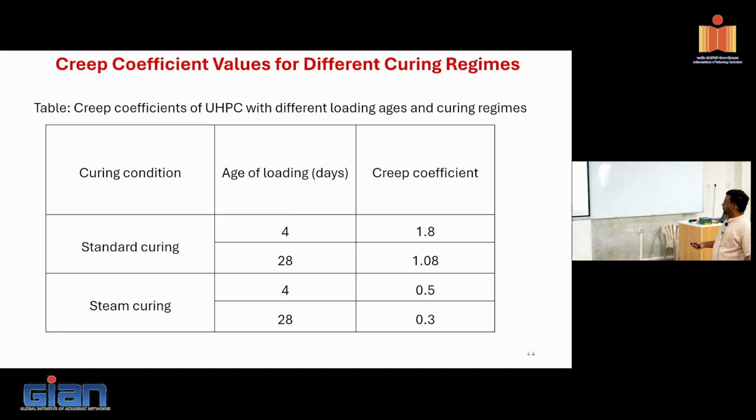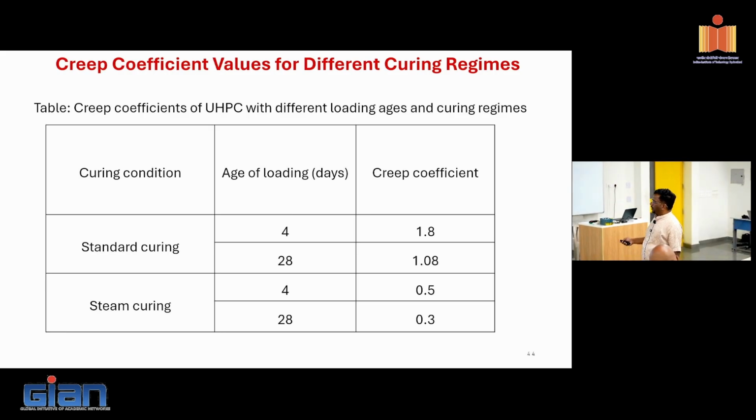So you understand the question. For a normal concrete, we take a creep coefficient of 2 or 3. For UHPC, though I am putting more cementitious content, which I said is going to create more creep, still my creep coefficient is less. Why?